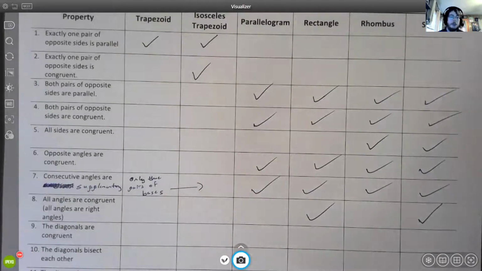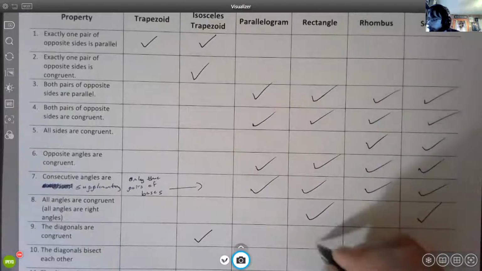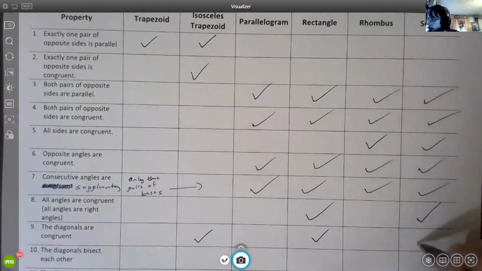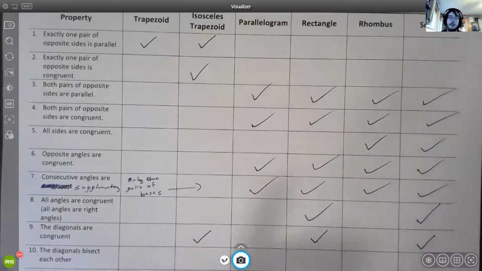And so the ones that would end up being congruent for the diagonals are an isosceles trapezoid, a rectangle, and a square. A parallelogram and a rhombus have a tilt in them, so that can't work. And a trapezoid, because of the way the sides are, none of the sides are equal. There's no way for the diagonals to be congruent.